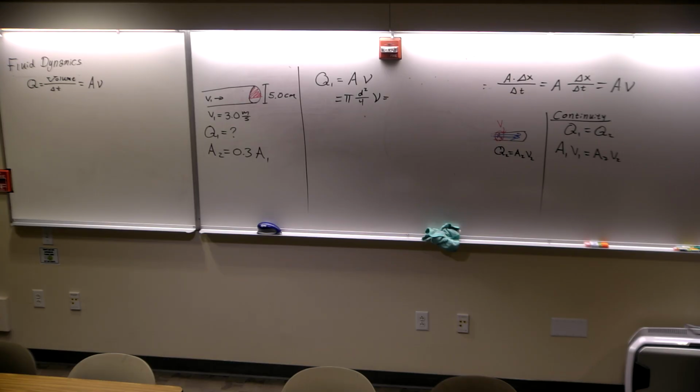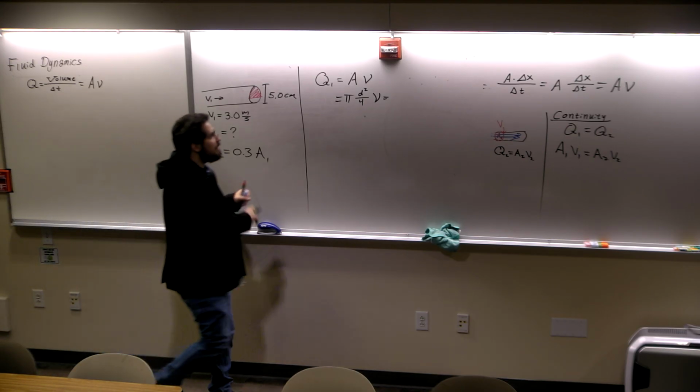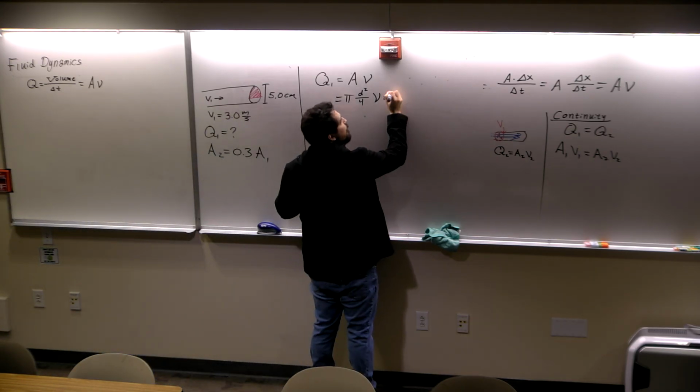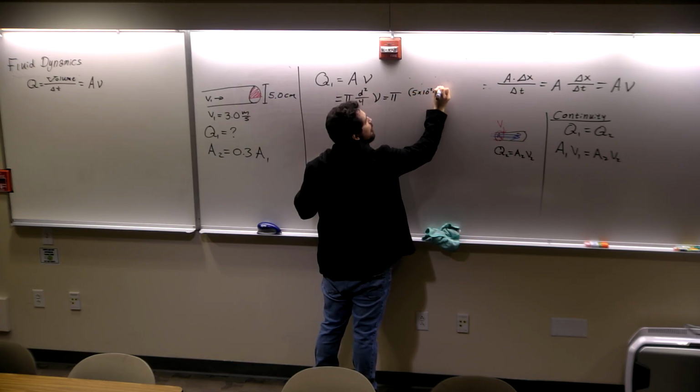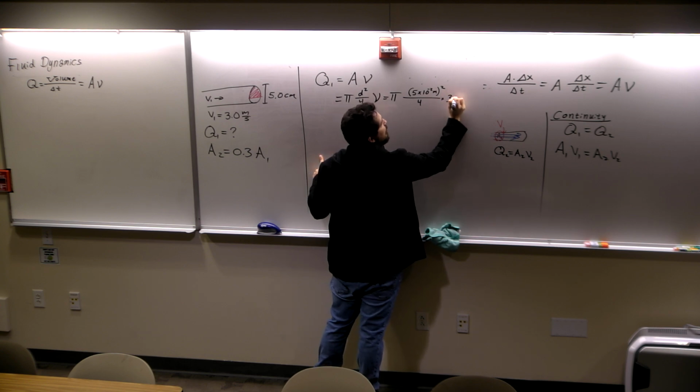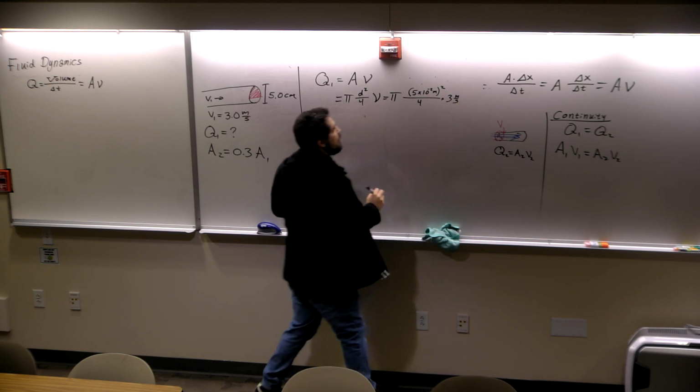We calculate it out, right? But the problem here, our diameter is in centimeters, our velocity is in meters per second. Most likely, we want to do some unit conversions. So let's go ahead and do our unit conversions. We'll have pi times our diameter, 5 times 10 to the minus 2 meters squared over 4. Multiply that by 3 meters per second.